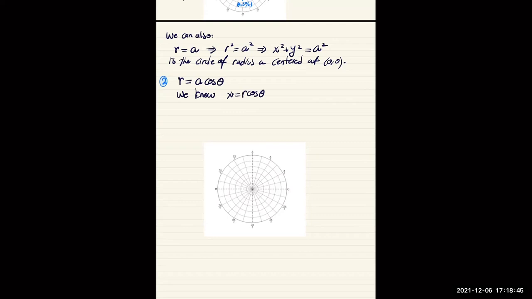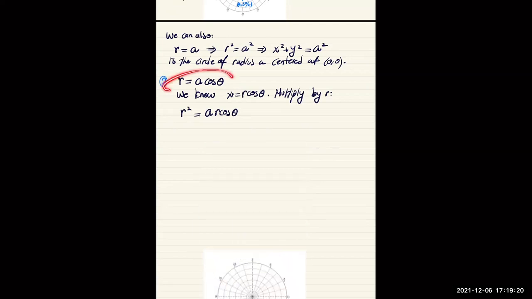So if we have an r over here, then that would be an x. So multiply this equation by r, both the left-hand side and the right-hand side. You get r squared equal to a r cosine theta.